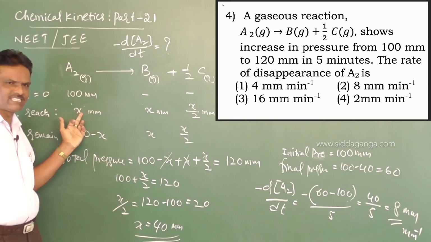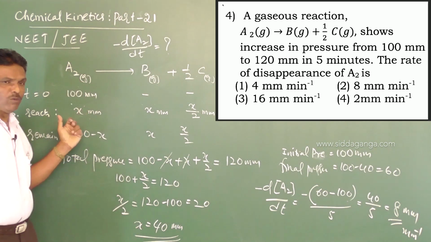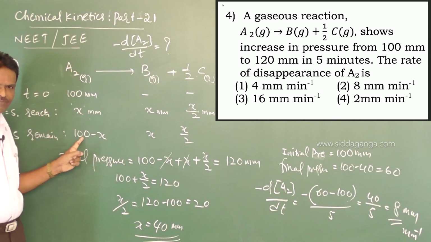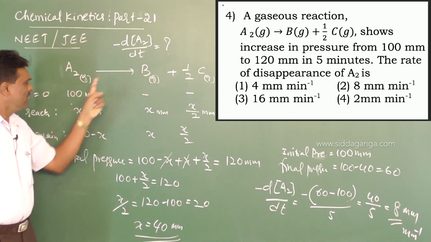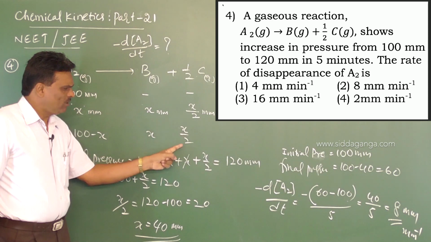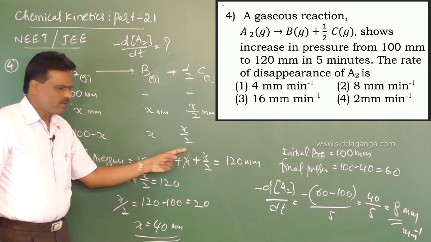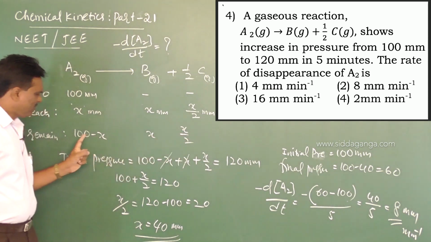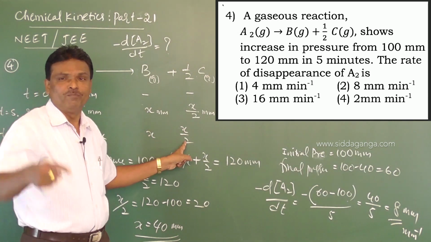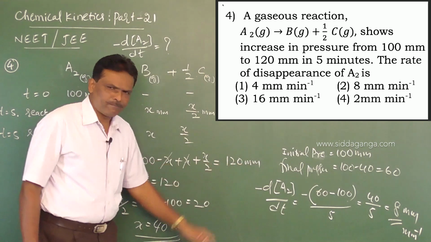We don't know, say X. So what will be the remaining pressure exerted by A2 after 5 minutes? 100 minus X. This is 1 mole. So here also X, half mole, X by 2. So the total pressure is 100 minus X plus X by 2. The total pressure increased to 120 millimeter.